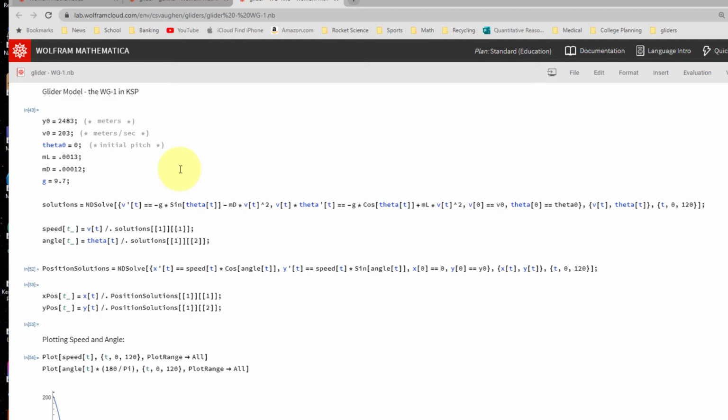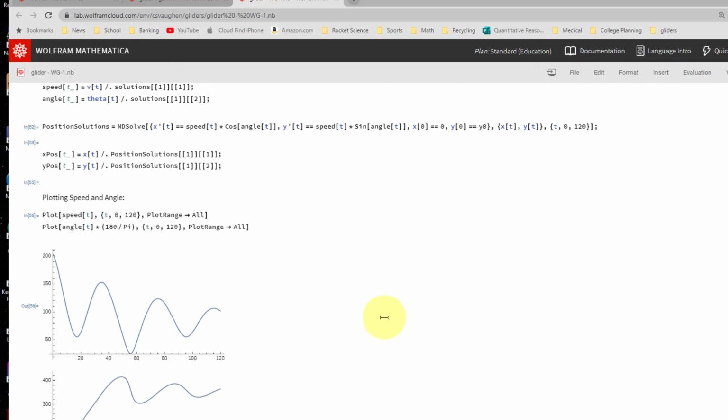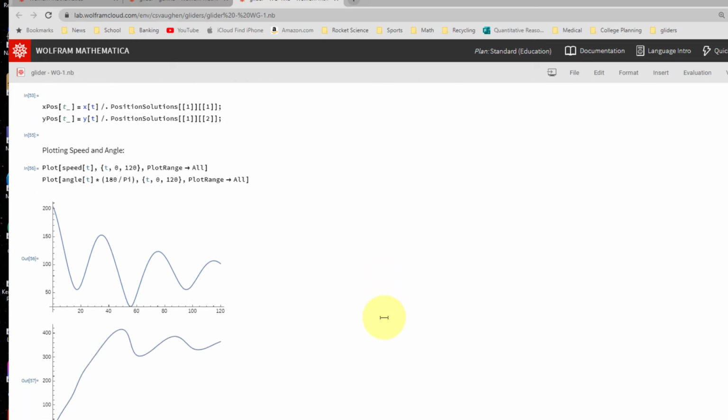Pretty nearly level flight, and these are the lift and drag constants that I found that pretty well model the flight of this glider. So again, it goes through solving the system just as before, and the results are produced here.